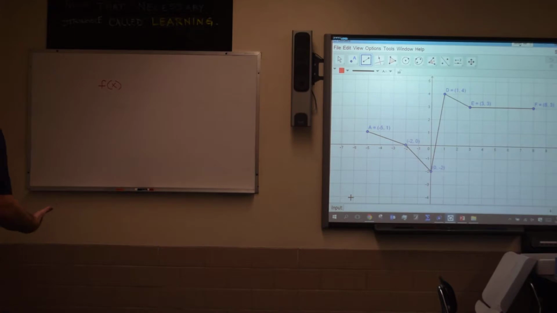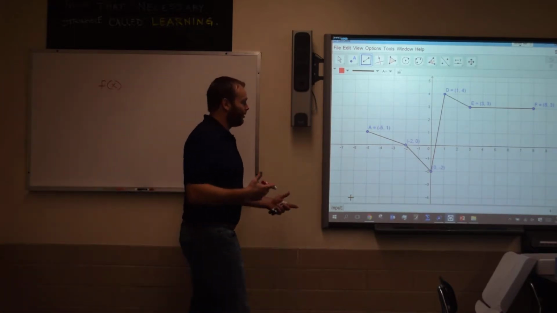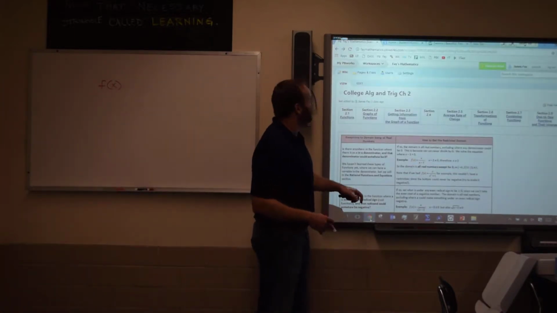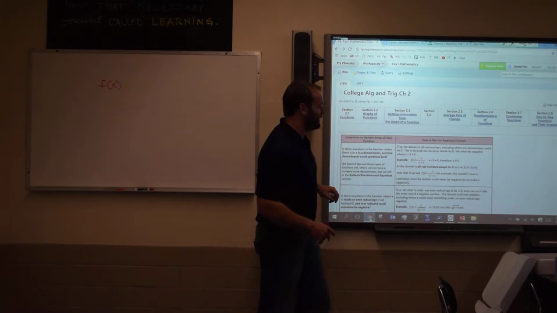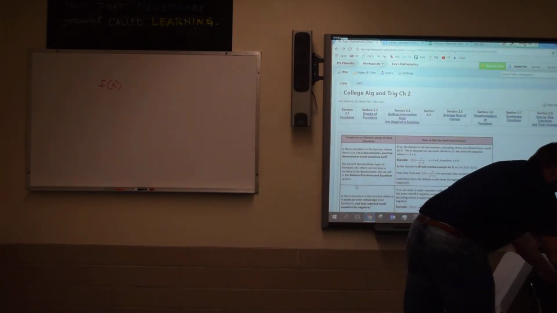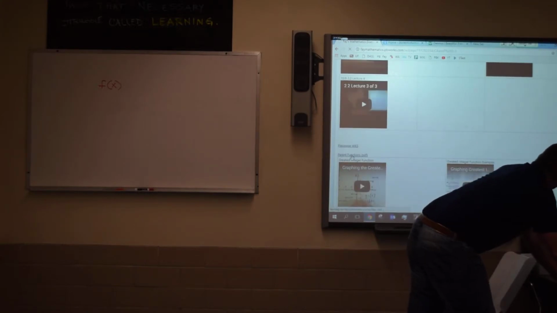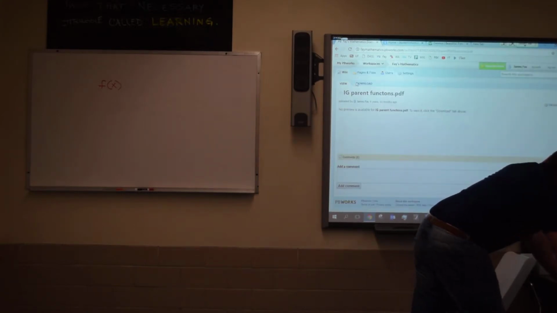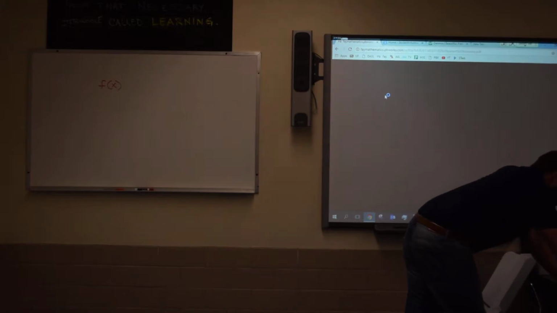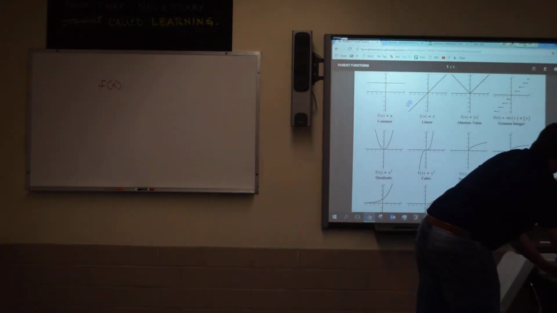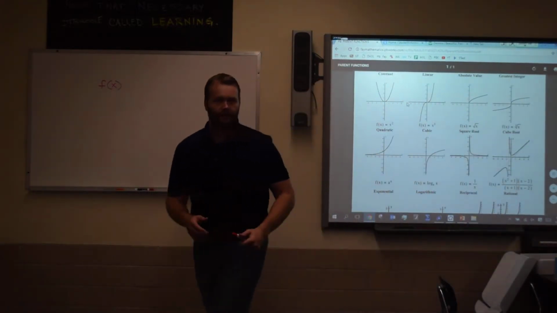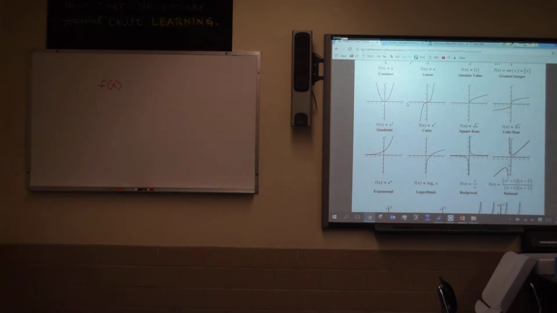When they say f of x, they're making the connection with you that it could be any one of these parent functions that we talked about the last couple lectures, okay? We've seen that chart before, right? So f of x could be any one of those things, okay?